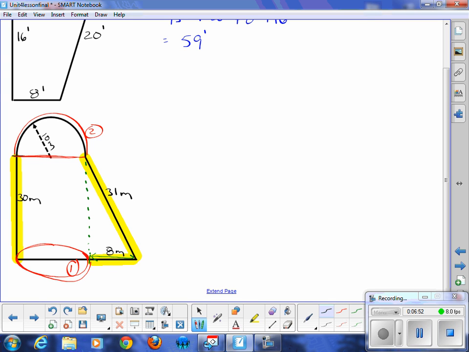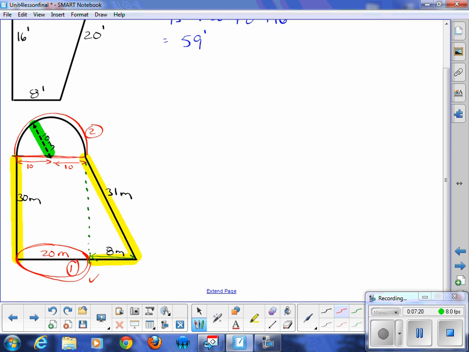If we look at the circle itself, we see that the radius is 10 meters. So if we were to lay this out flat, the distance from the outside of the circle to the middle is 10, and from there to there is 10. So our missing length of that rectangle is 20 meters. So that's missing length 1 taken care of.